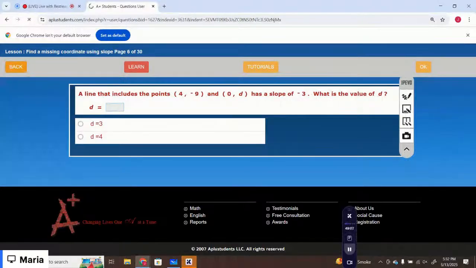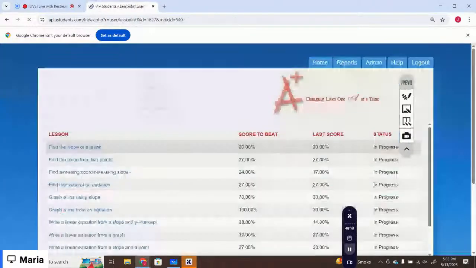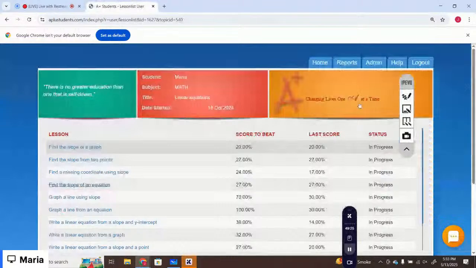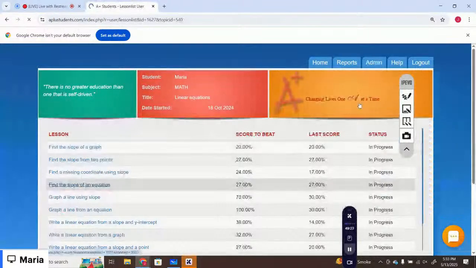The next lesson is find the slope of an equation.